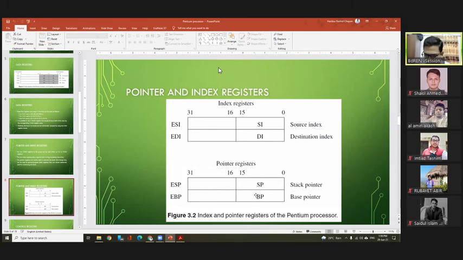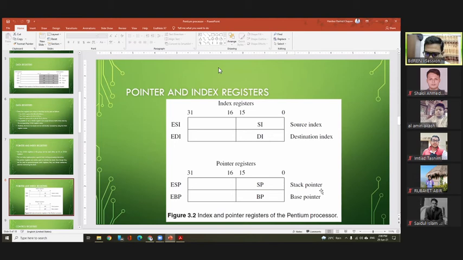For the pointer register, we also have 2 pointer registers, same as the previous one. One is the stack pointer, another one is the base pointer. We are going to discuss the stack operation of the Pentium processor in chapter 6, during the midterm.